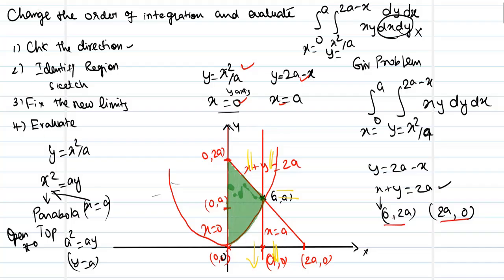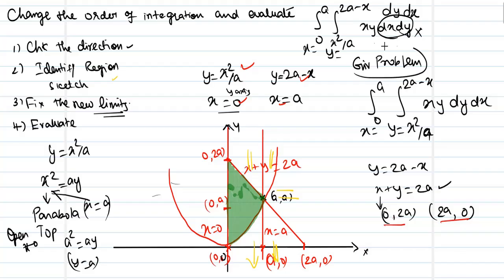Now coming back to the problem, we are done with the first step, change the limit direction. Second, we have sketched it, and the third, now we need to fix the new limits. We are now in step 3. How to fix the new limit?